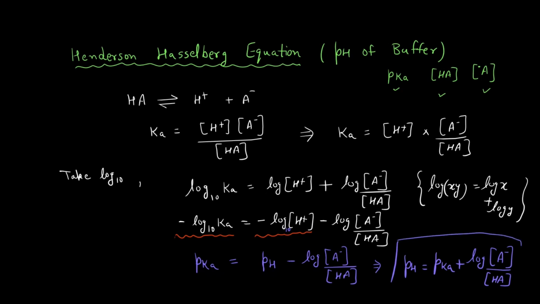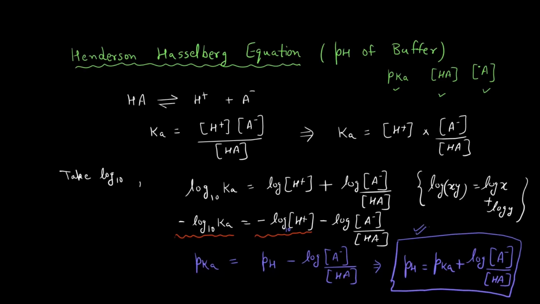This equation is called the Henderson-Hasselbalch equation. It is a relationship between the pKa of the weak acid, the concentration of the weak acid, and the concentration of its conjugate base. So if we know the pKa of the acid and the concentrations of the weak acid and its conjugate base, we can find the pH of the buffer.